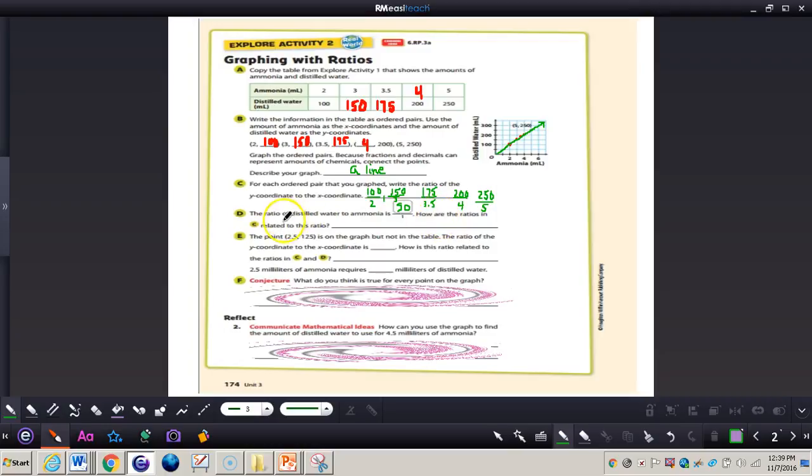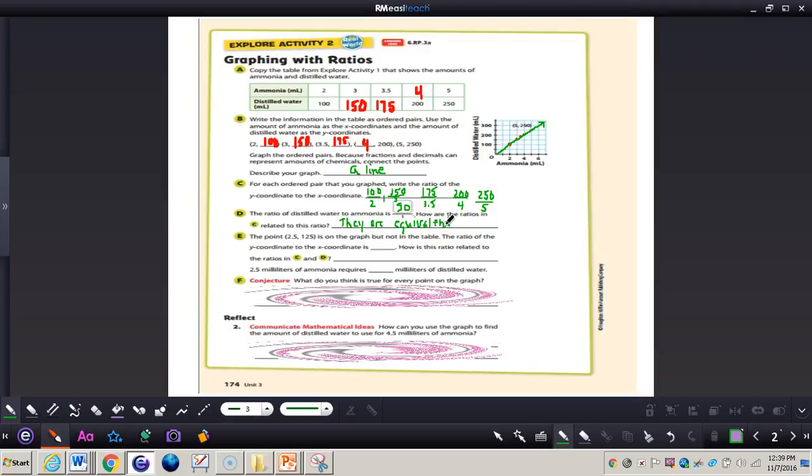How are the ratios related to this ratio? Okay, for this we could say they are equivalent. And let's write that out. So they are equivalent. They could all be reduced down to 50 to 1 for the unit rate.